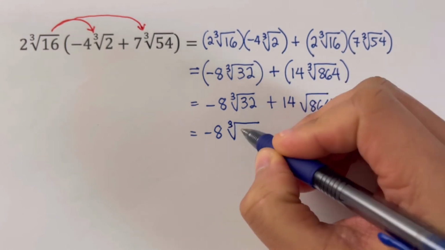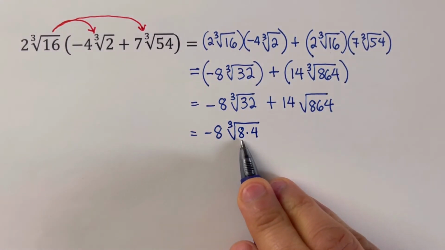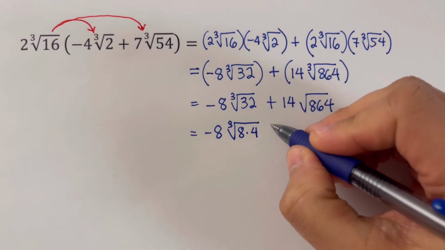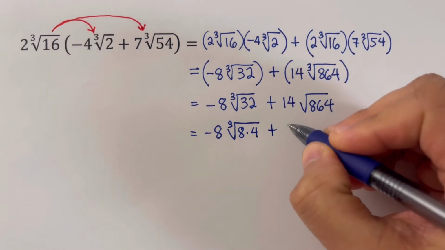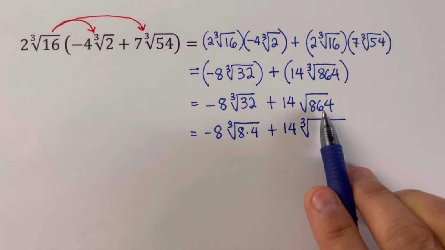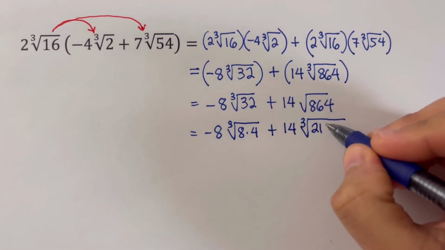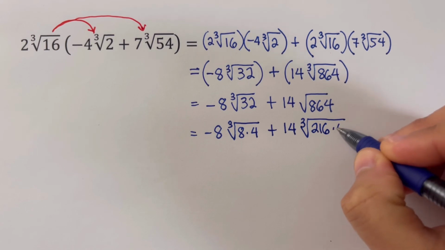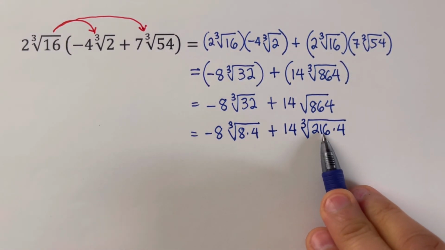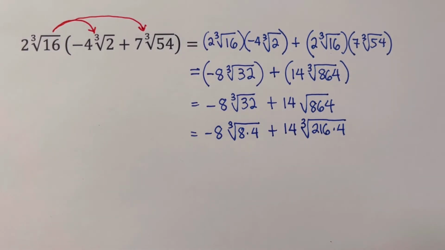So that would be 8 times 4. 8 is a perfect cube, and 8 times 4 is 32. And so we go ahead and do the same thing for 864. So that's 14. Factors of 864 with a perfect cube is 216 times 4. So 216, the cube root of 216, it's a perfect cube. And then we also have 216 times 4 is 864.